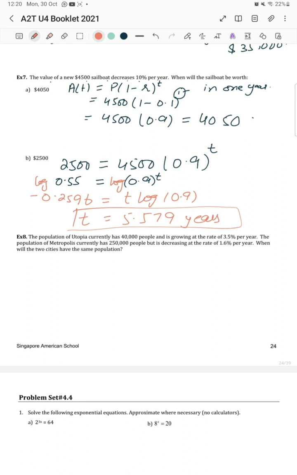Okay. The population of Utopia currently has 40,000 people and is growing at the rate of 3.5% per year. The population of Metropolis currently has 25,000 people, but it is decreasing at the rate of 1.6% per year. When will the two cities have the same population? So first of all, we will go for Utopia.